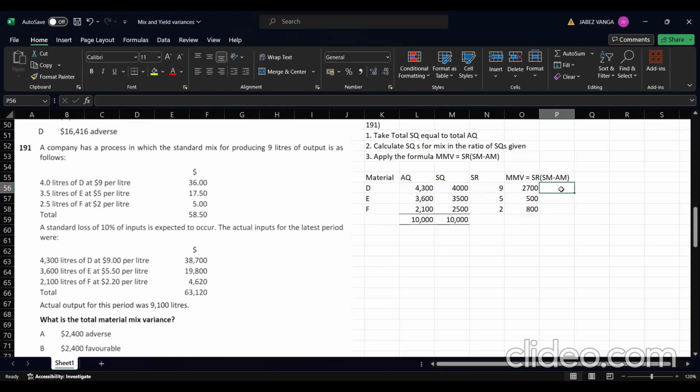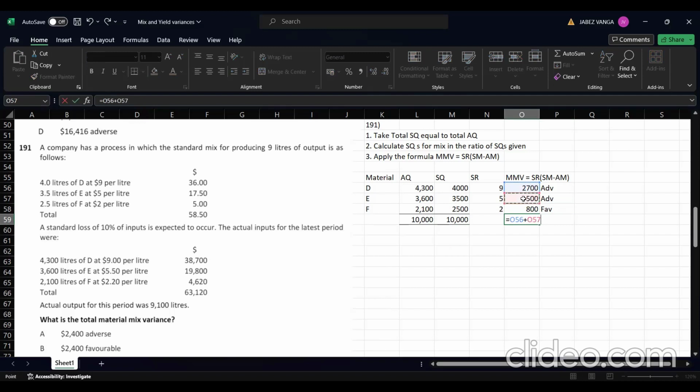The rule is when the actual quantity exceeds the standard quantity, it is an adverse variance. Here, the standard quantity is 3,600 and the actual quantity is 3,500. So this one also is an adverse variance. The next case, material F, is 2,100 and 2,500. Actual is less than standard, so this becomes a favorable variance. Now we need to write the total. Take all the adverse variances, add them up, and from that deduct the favorable ones.